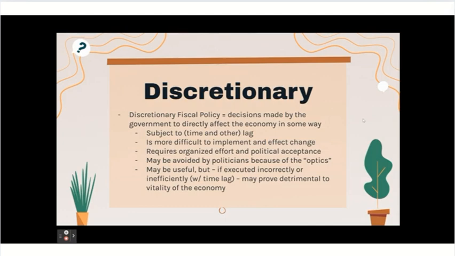There's a lot more that goes into discretionary fiscal policy, in my opinion, than there is in the other type of fiscal policy that we're going to talk about in a little bit, because it's more reactionary. It's not like there's been this set law that's been going on since the 19th century, since even 5 years ago.